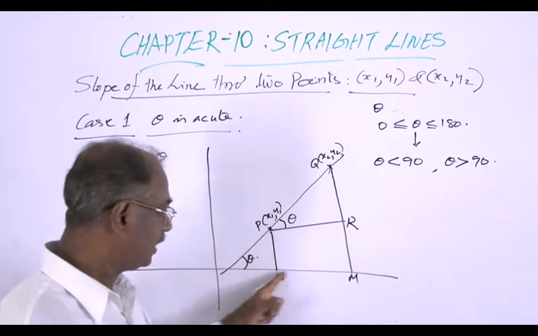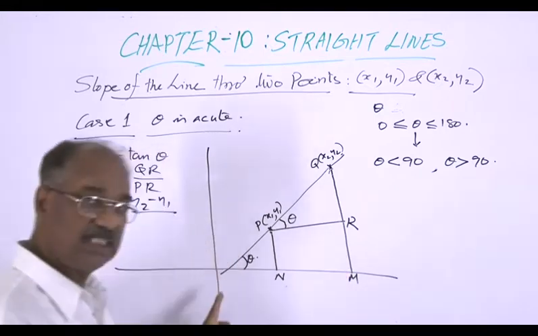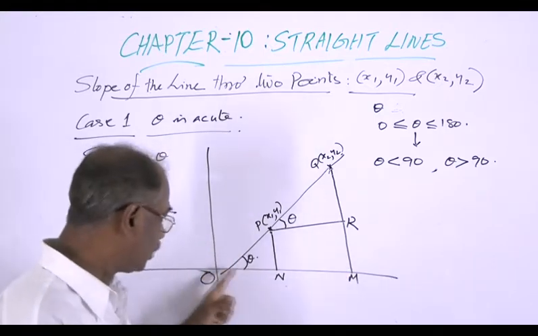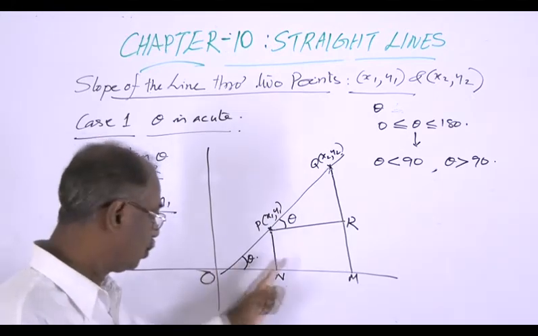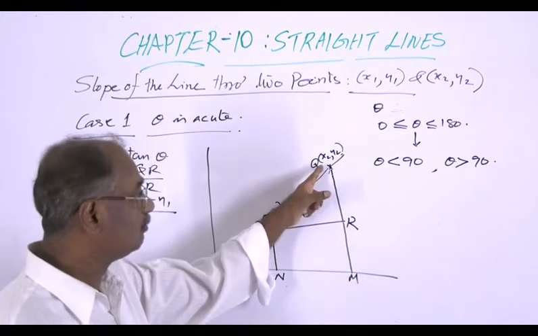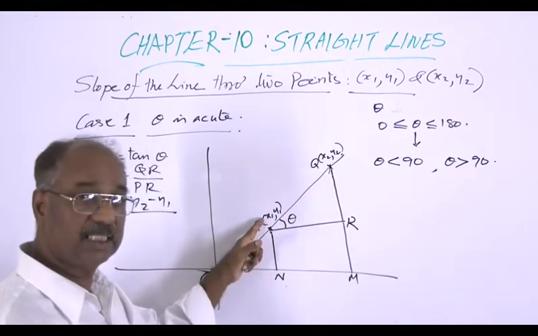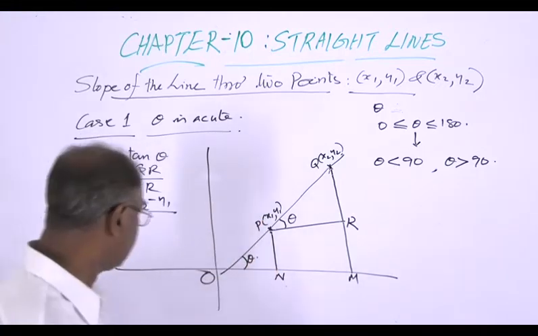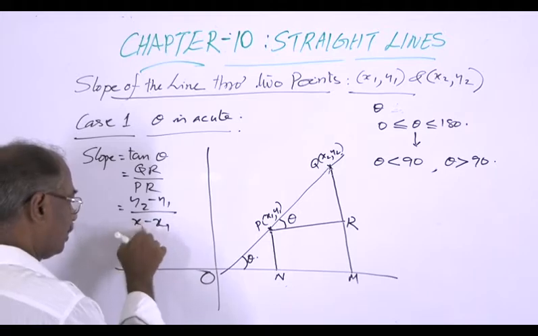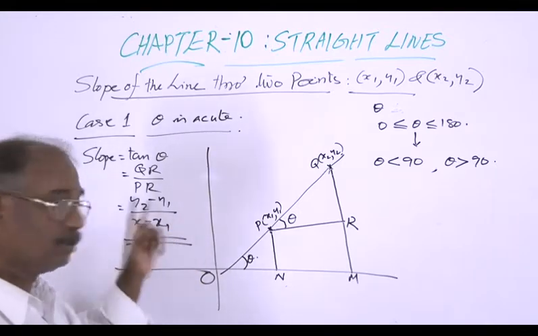PR is NM, and suppose the origin is O, this is OM minus ON. OM is the x coordinate of Q, which is x2. ON is the x coordinate of P, which is x1. So NM is x2 minus x1. Therefore, the slope is y2 minus y1 over x2 minus x1.